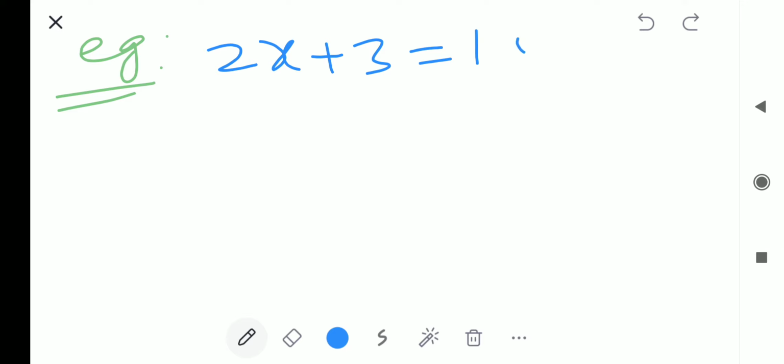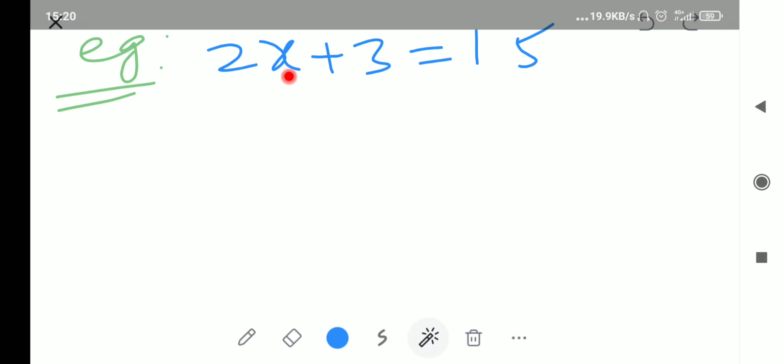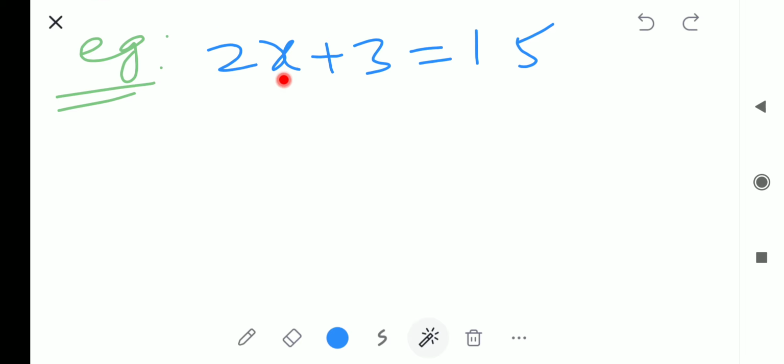I give you a description for this with the following examples. You can see 2x plus 3 is equal to 15. It is an equation because it has an equal to sign. It has both variable and coefficients. How many variables are there? Only one variable, that is x. And what is the power of x?